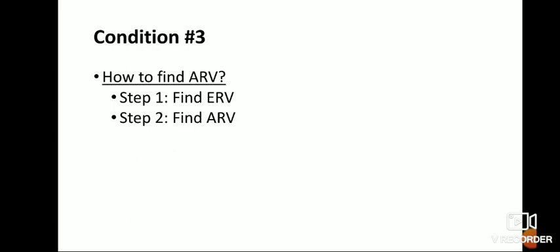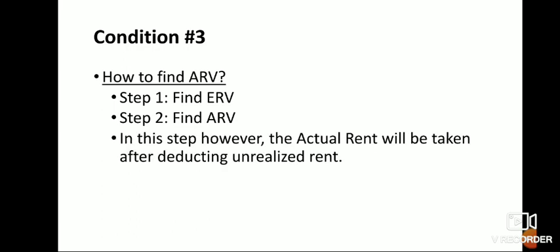First find ERV. Second step, your annual rental value. However, there is some change in this step. The actual rent will be taken after deducting unrealized rent. Remember, we have to compare the actual rent with ERV. So for the actual rent taken in this step, we will have to deduct the unrealized rent first.